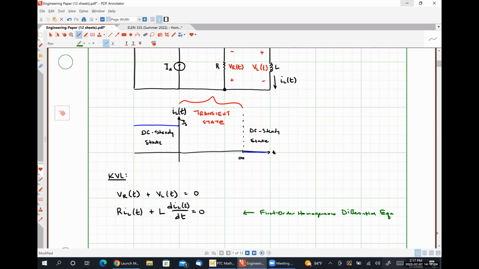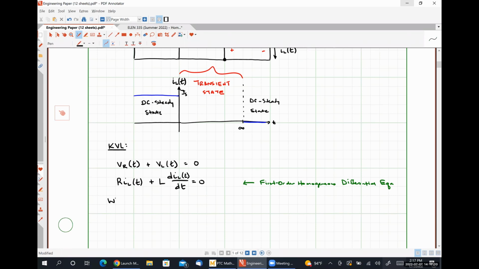So effectively, what we're trying to do is determine what form must IL of t have to make our equation work?